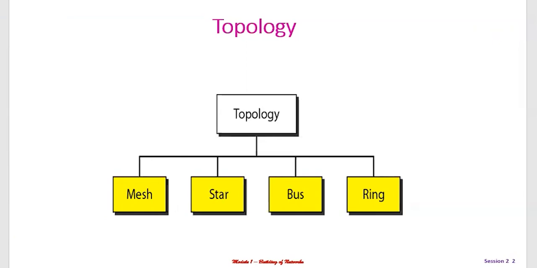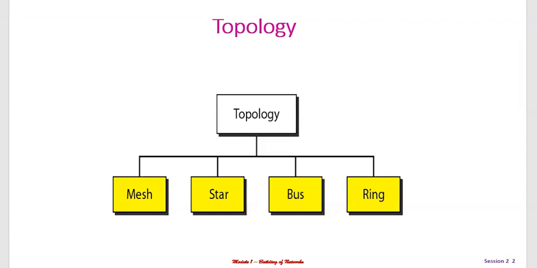So how do we really connect this n number of devices is a big challenge. There should be some standardized procedure we have to formulate so that the difficulty in communication can be eradicated. So topology defines the manner in which we can connect the nodes in the network, and based on the number of nodes you want to connect, the topology can be selected.